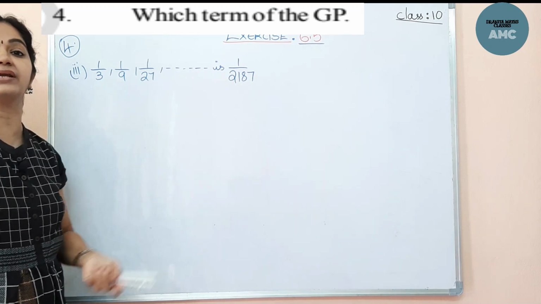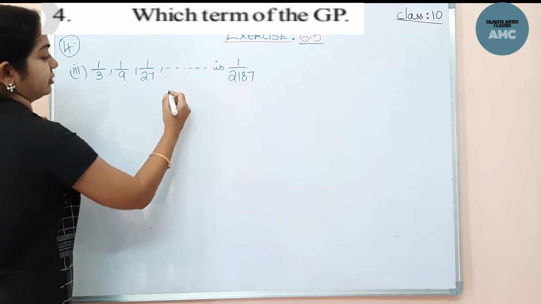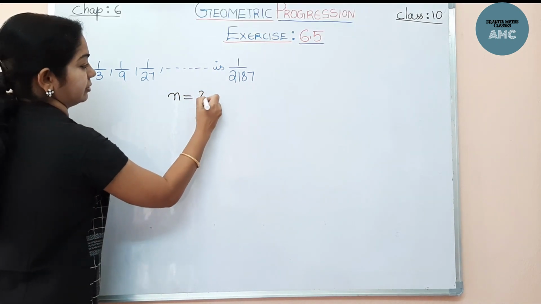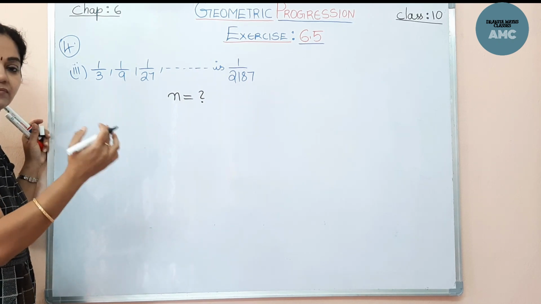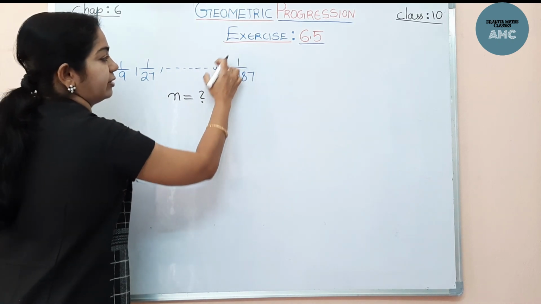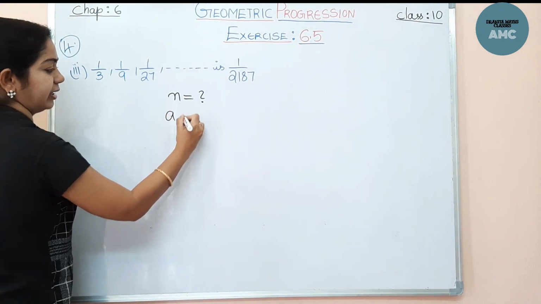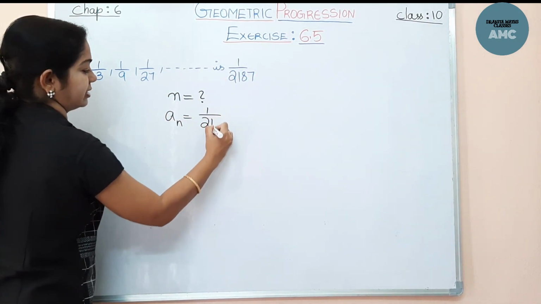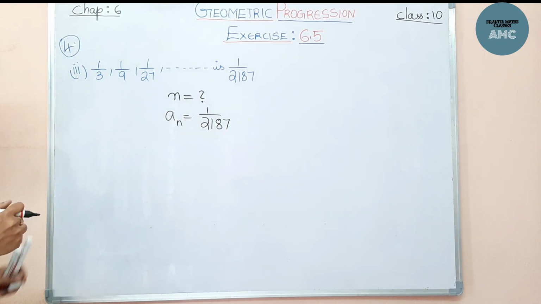So we have to find the n value, which term it is, the 20th term or 15th term. The nth term is already given for us, an is 1 by 2187. So which term it is has been asked.